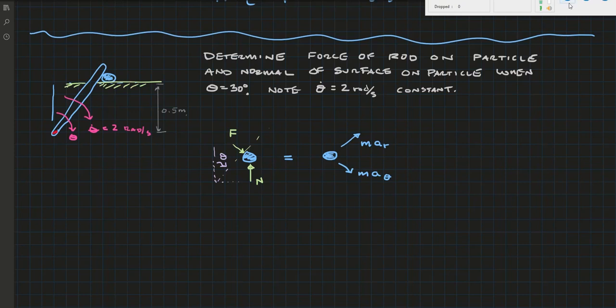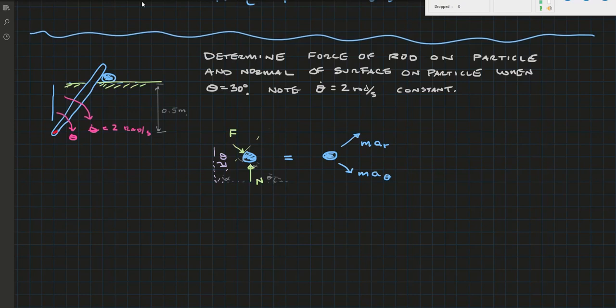I can think of this as an alpha maybe, and if I extend this perpendicular down to here, because we're trying to figure out the best way to set up our components for N, then of course this is 90 here, which makes this theta down here, which puts this angle as our alpha here.